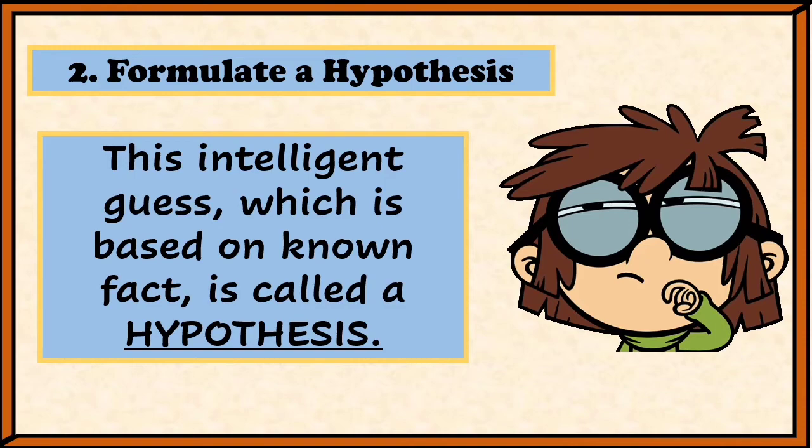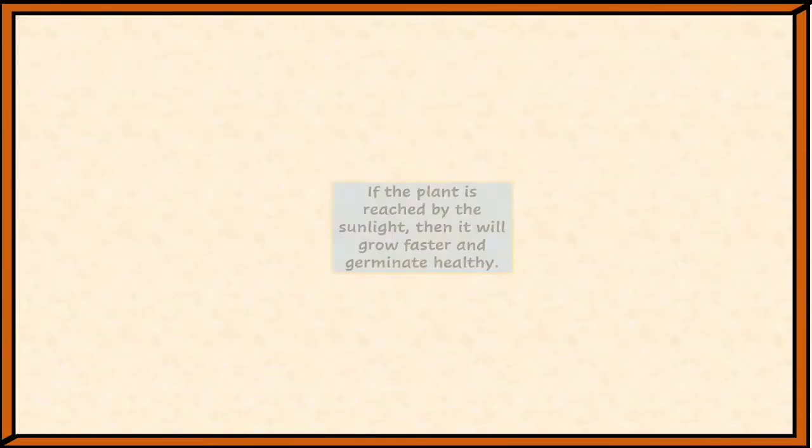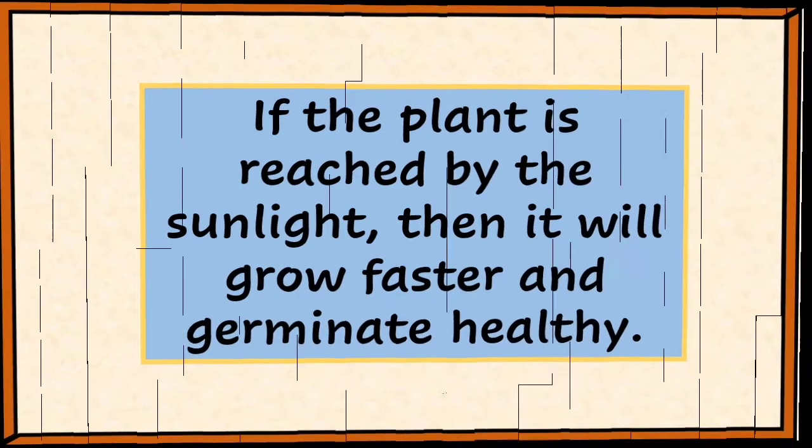So, our hypothesis for our question, why do my plants grow slower, is if the plant is reached by the sunlight, then it will grow faster and germinate healthy. Next is to know if our hypothesis is correct or wrong.